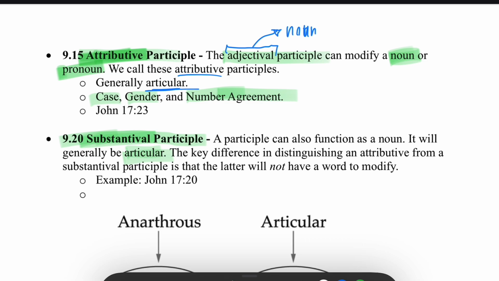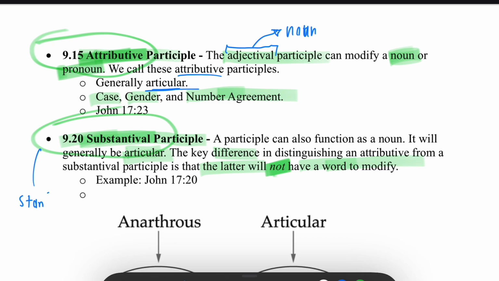The key difference in distinguishing attributive from substantival is going to be that the latter will not have a word to modify. So it'll be kind of a standalone word, and you won't see something in context that it could be modifying.